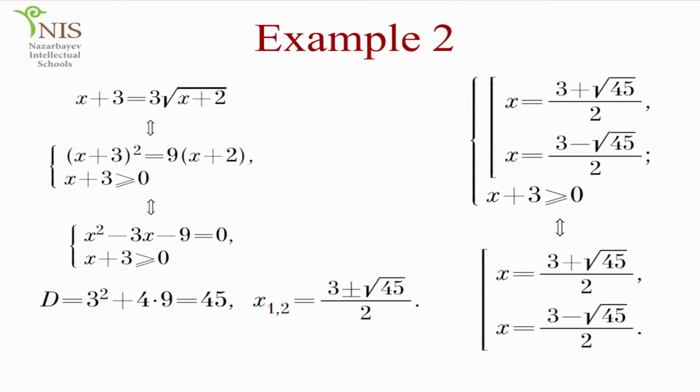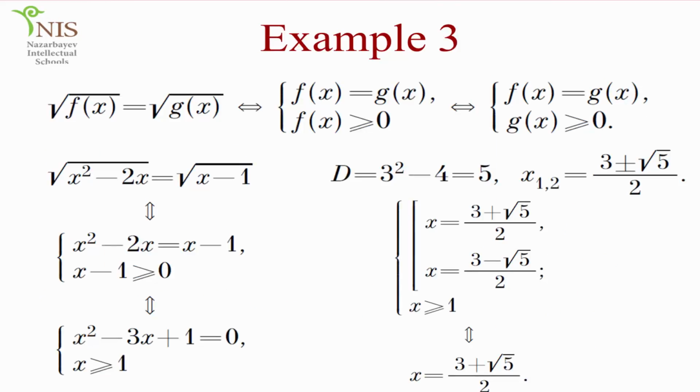And by solving it, we get a discriminant of 45, which leads to the roots of 3 plus or minus square root of 45 divided by 2. So by analyzing all these roots, we get to a conclusion that the final answer will be x is equal to 3 plus square root of 45 divided by 2. And the second one will be with the negative, 3 minus square root of 45 divided by 2.